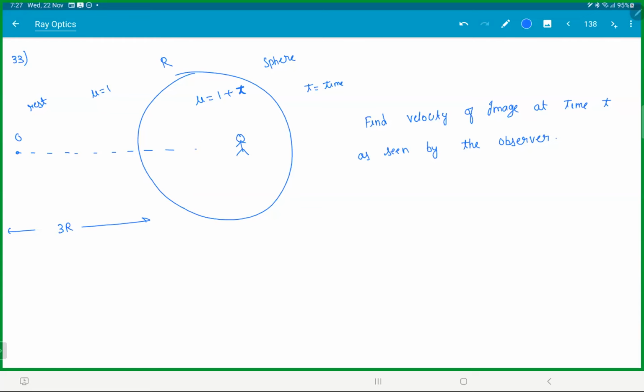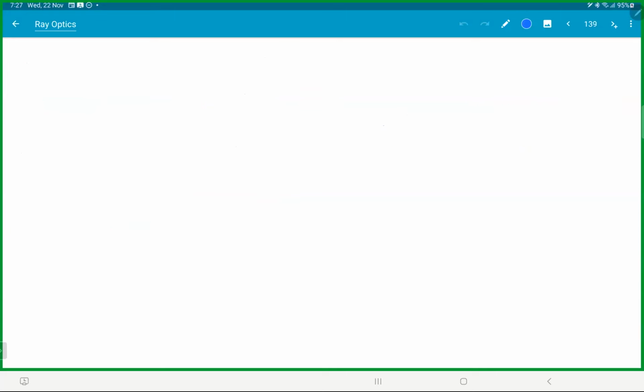Well, my answer doesn't come great anyway. Let's see. So take your function: mu2 by v minus mu1 by u is equal to (mu2 minus mu1) by R. So here mu2 is 1 plus t, that is changing. 1 by u is constant, how much is that?